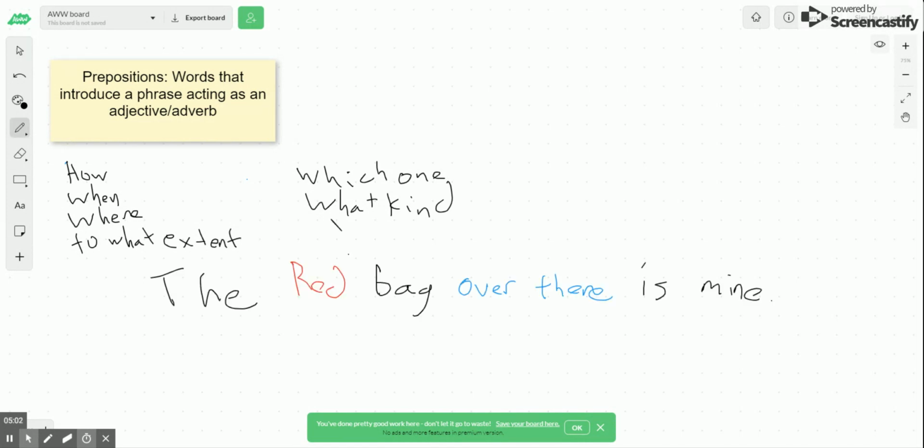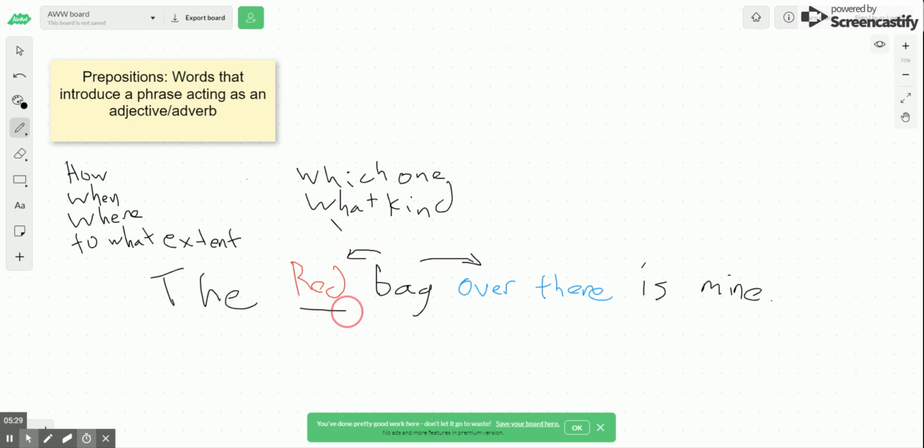So, if we look at this sentence, the red bag over there is mine. We have an adjective and an adjectival prepositional phrase. Now, if we take out the red and the over there, the bag is mine still works. But which bag is answered by red and over there.